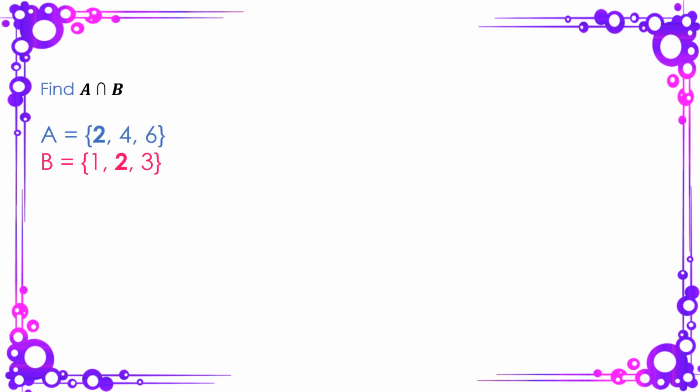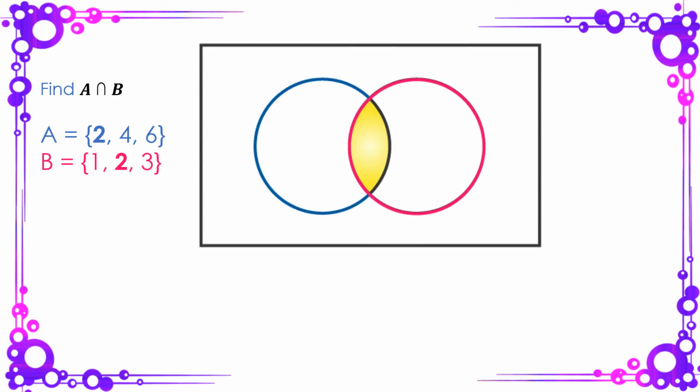So let us answer. Again, we need to find A intersection B. Of course, this is the Venn diagram for intersection. And then do not forget to write U. And then this is intersection, so we have to shade this overlapping part or the middle part of the circle.